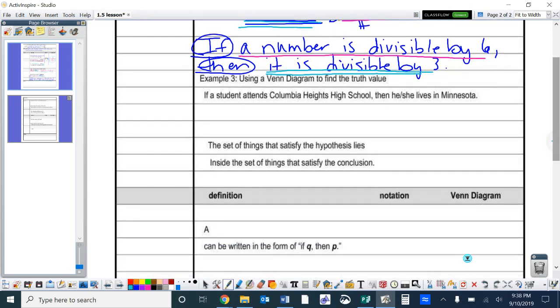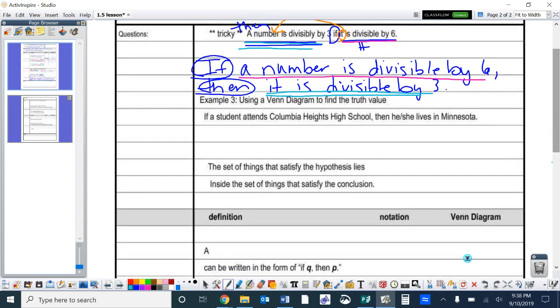Sometimes it's hard to know the truth of a statement, but there is a mathematical way to always determine whether a statement is true or false. We'll use a Venn diagram. So here's our statement. If a student attends Columbia Heights High School, then he or she lives in Minnesota. So the hypothesis is a student attends Columbia Heights High School.